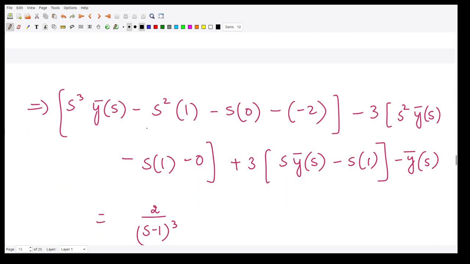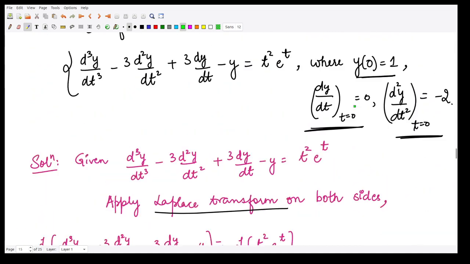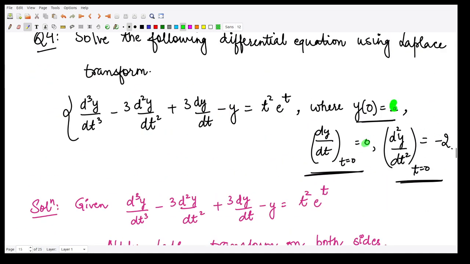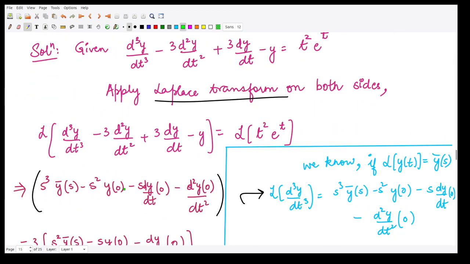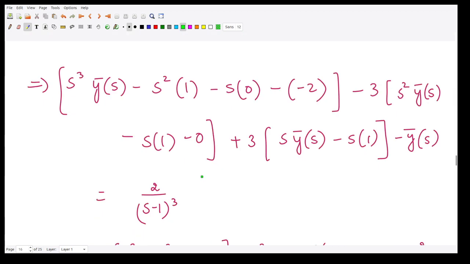So next you substitute all these constant quantities given to you in the question, the values 1, 0 and minus 2 here. Here you will substitute y of 0, this term and this term. Again for the second term you will substitute this value, and for the third you will substitute this value, so that you obtain 1, 0 and minus 2 here, 0, 1, 0 here and 1 here.